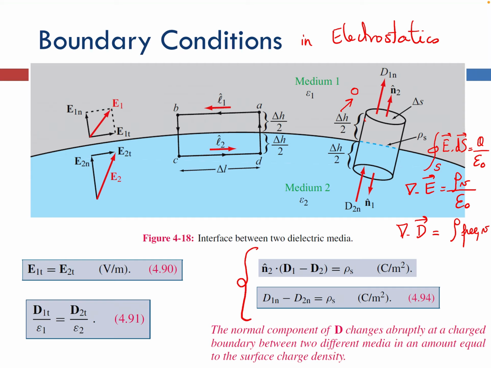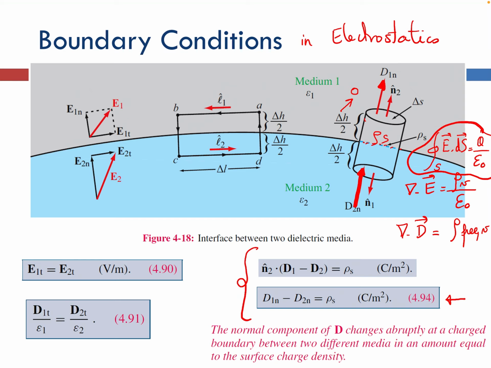So it tells us that the normal component of electric field might be discontinuous, because this is what the flux will give us, if there is any charge at this interface. If there is a surface charge density here, then the normal component of the electric field will be discontinuous by that amount.